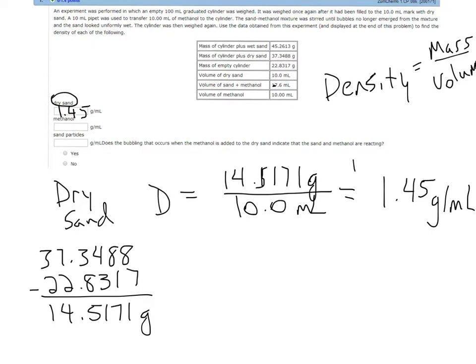Now let's talk about methanol. The methanol's density is going to be a mass over volume, just like that for the dry sand. To get the methanol's density, we need to look at two numbers.